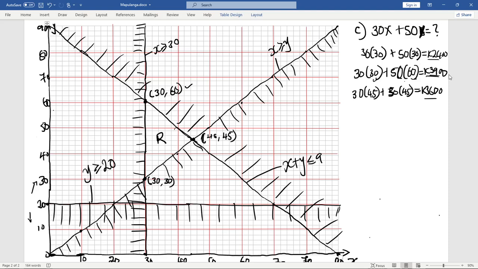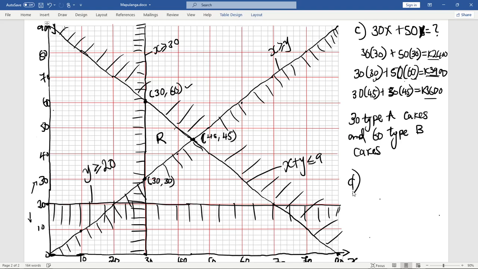So meaning that the answer for C here, you need to bake 30 cakes of type A and 60 cakes of type B. That's for you to make maximum profit.